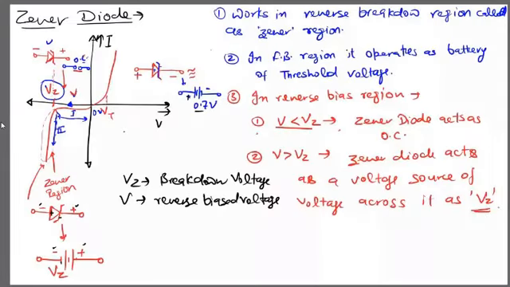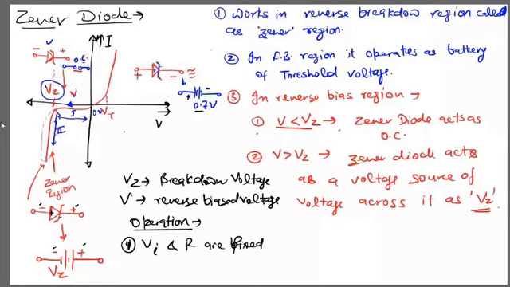There are three cases. Specifically, the operation of the Zener diode can be performed with three cases. First case, whenever Vi and R are fixed. What is the meaning of that?